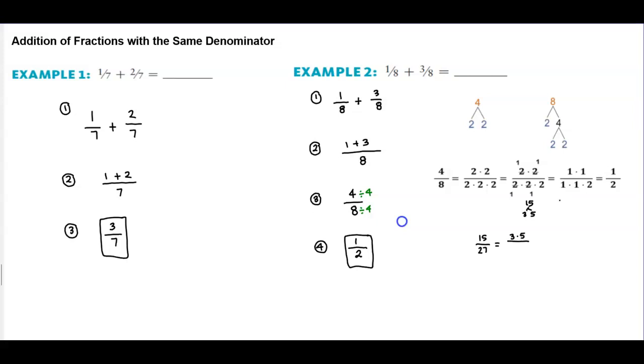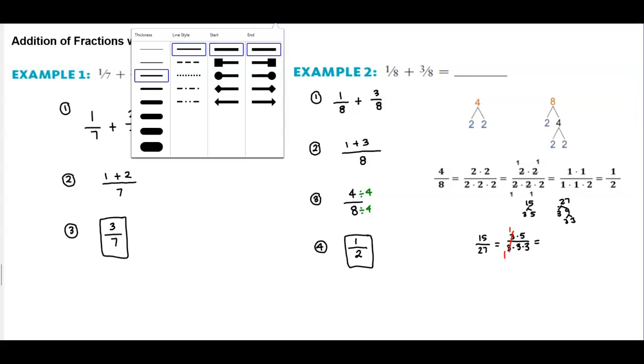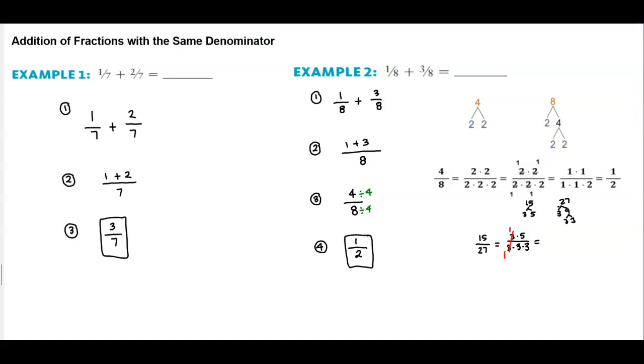The prime factorization for 27 is 3 times 9, which is 3 and 3. So that's 3 times 3 times 3. And again, when we simplify this, we're going to cancel one of the 3's. And therefore, this would then be 5 over 9 as a reduced fraction.